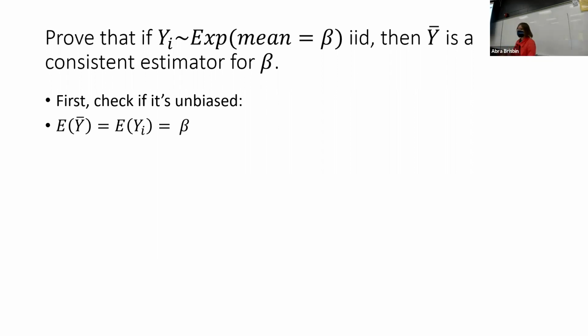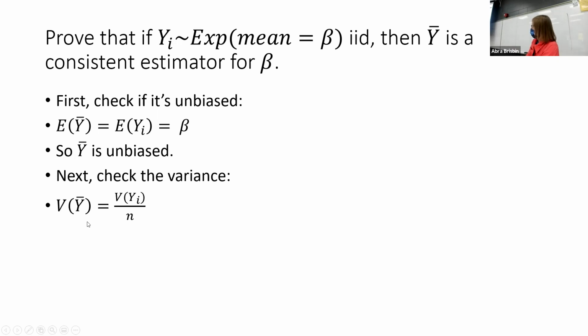So the expected value of our estimator equals the thing we're trying to estimate. That means it's unbiased. So that means that we can check whether it's consistent by checking its variance.